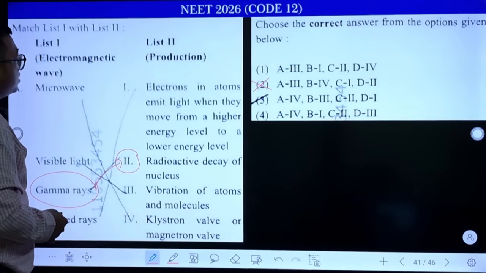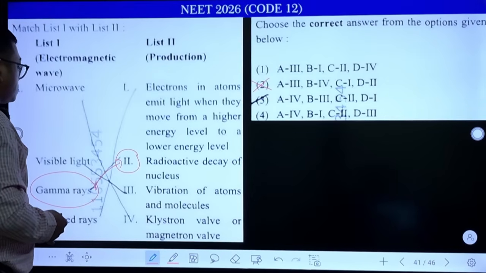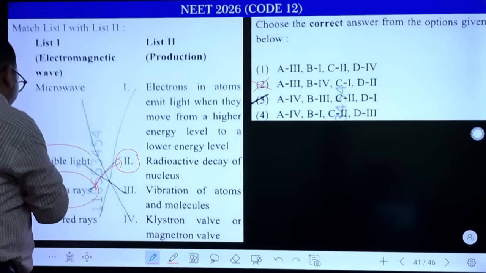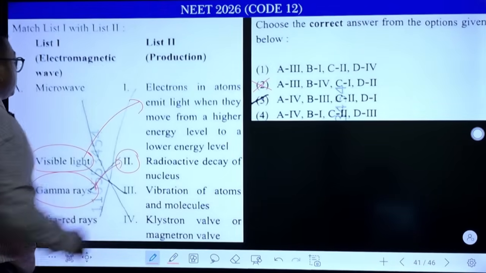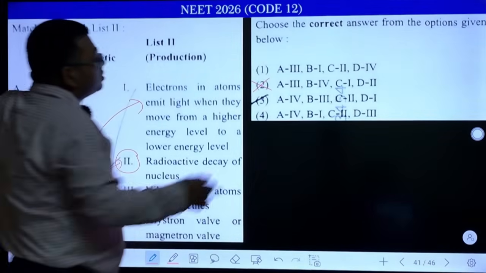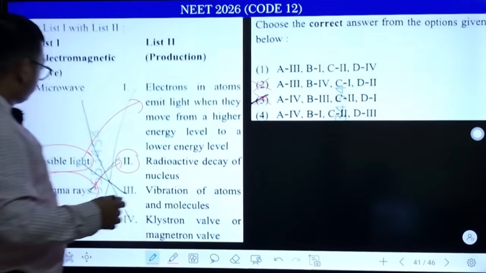Electrons in atoms emit light when they move from higher energy. Visible light can come due to emission spectra. I think we can go for this first. So B will be first. Okay, so B is third, that is not correct then.